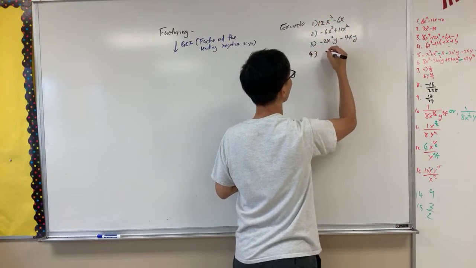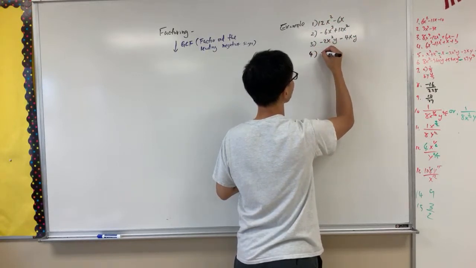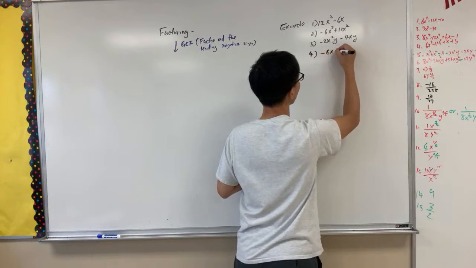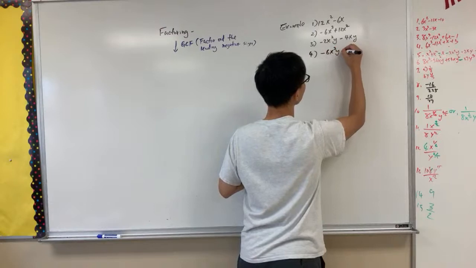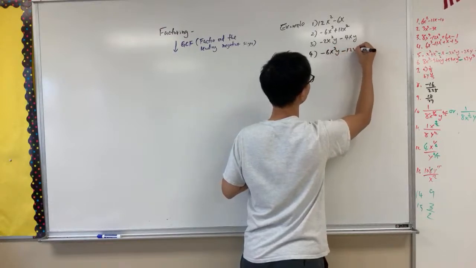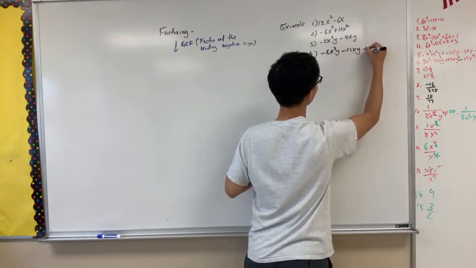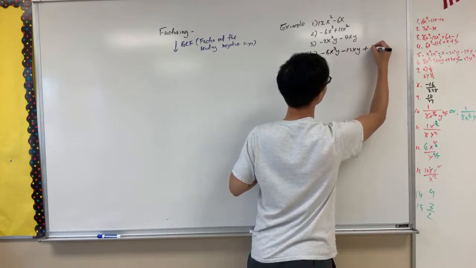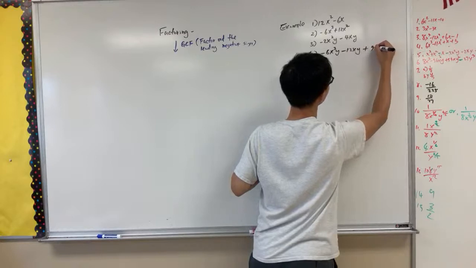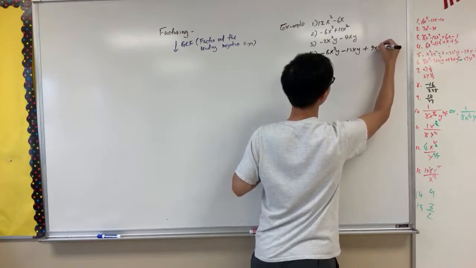And the fourth, let's factor out, like you say 3 terms, so it's going to be negative 6x to the third, y to the first, minus 12xy plus, let's say 9xy squared.